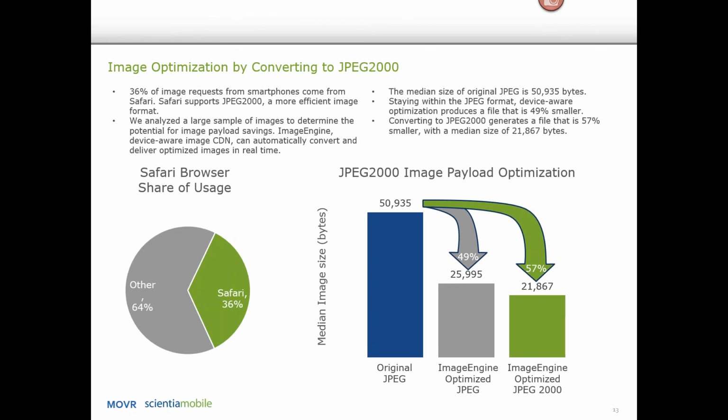But with JPEG 2000, there are so many buttons and flip switches and variables to tweak, depending on the use case of the image, depending on the type of image, what's in the image, the entropy of the image, and so on and so on. So it's difficult to learn, and it's just time consuming.